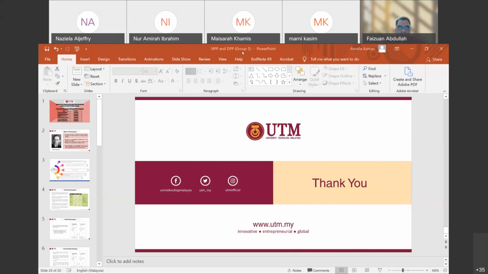Kenapa kalau voltammetri kita scan potential versus current, tapi kenapa polarografi ni kita kena tengok potential versus time, tengok staircase? Kenapa kena ada macam tu?